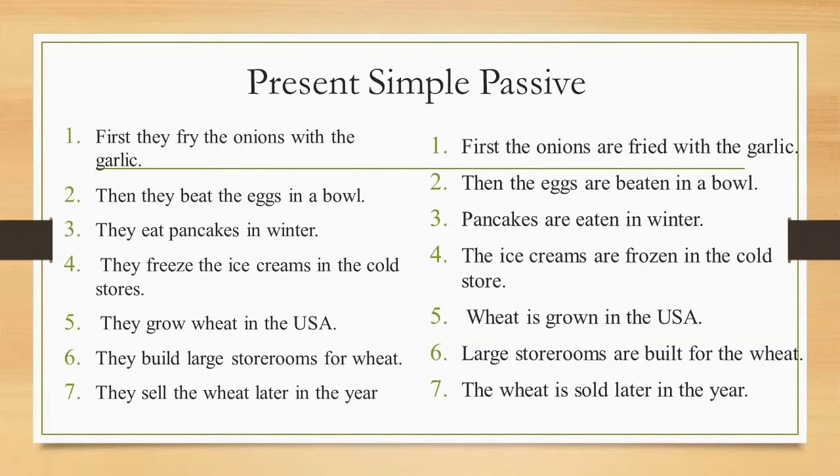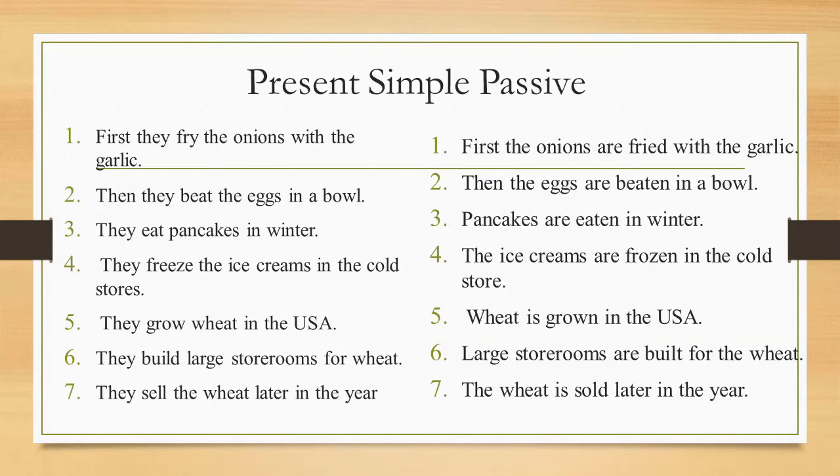Then we use the auxiliary verb. Number 1 is we bring the object to subject position. Number 2 is we add auxiliary verb is, am, are. Number 3 is we add past participle form of verb, that is beaten, third form of verb. And number 4 is we drop the subject. Then the eggs are beaten in a bowl.